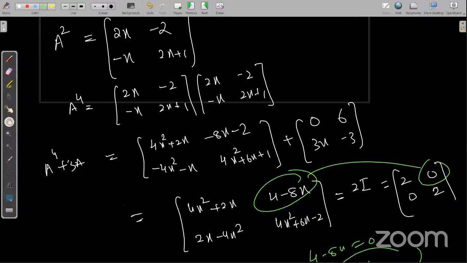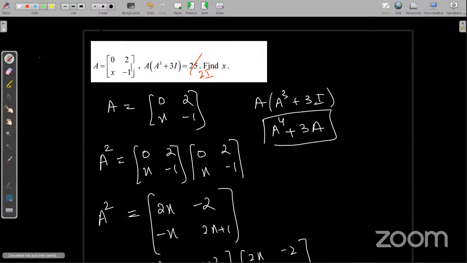It's a simple calculation of matrices. This is not at all a difficult one. x equal to 1 by 2 is your answer. Is it clear, everyone?